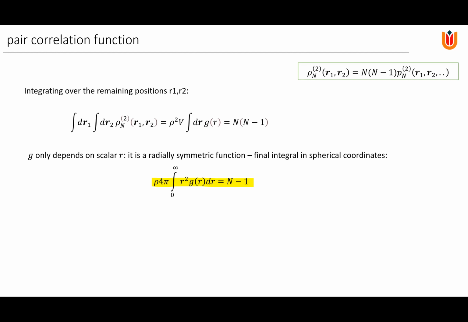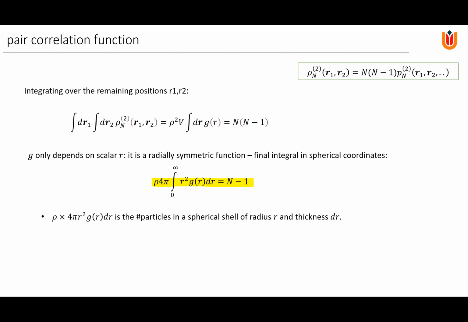That is equal to n minus 1, because this n cancels with 1 times rho. Here we have rho squared, and rho times the volume is also n, so that cancels out on this side.